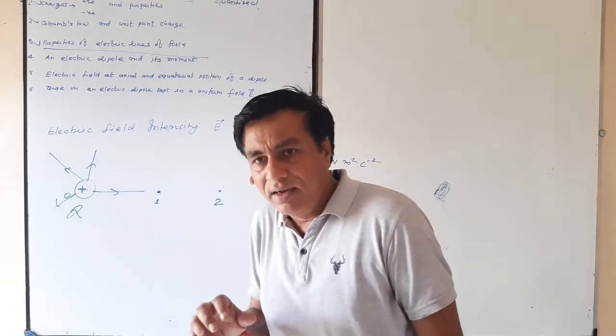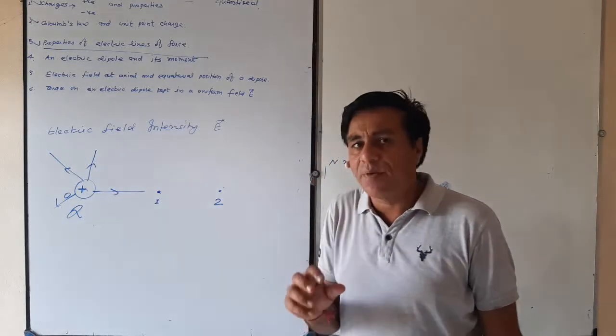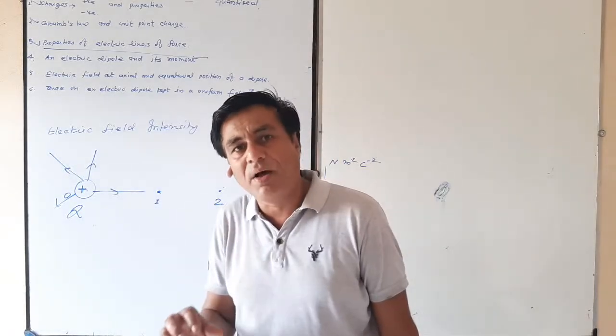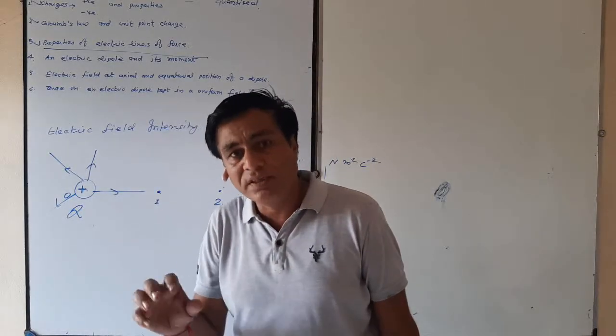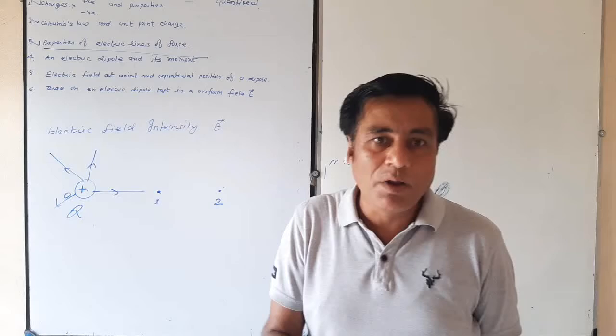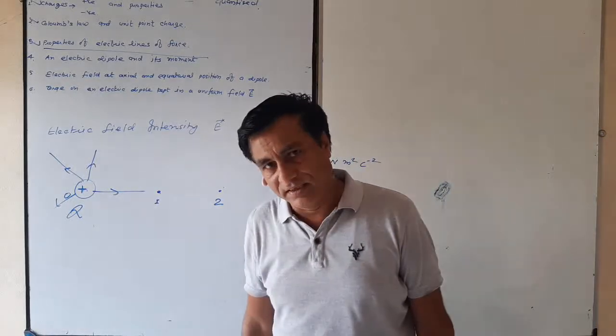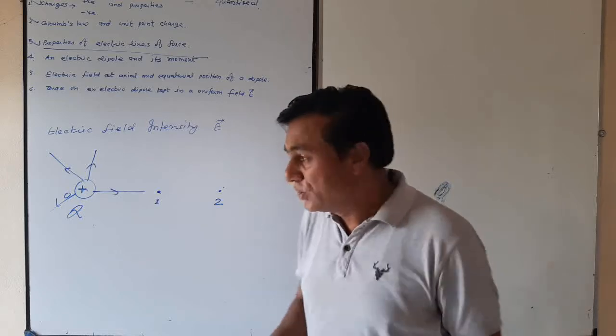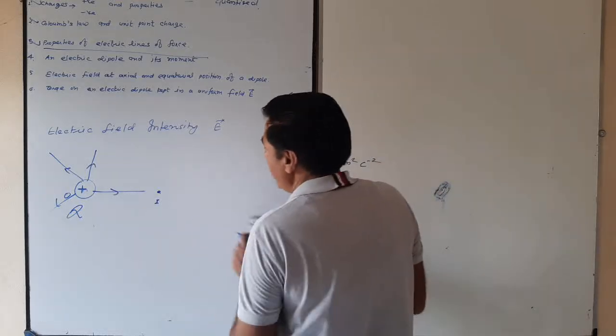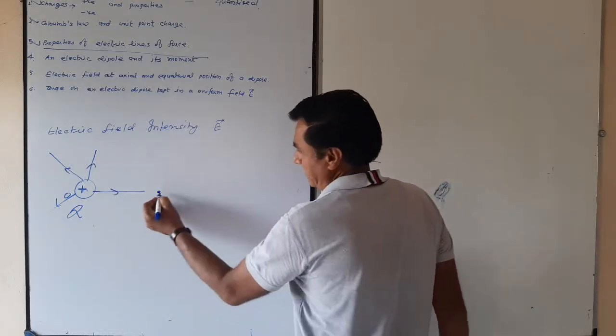We will try such a physical quantity which depends only upon the position of the point, but does not depend upon the magnitude of the testing charge. In order to do it, we are taking a unit positive charge.